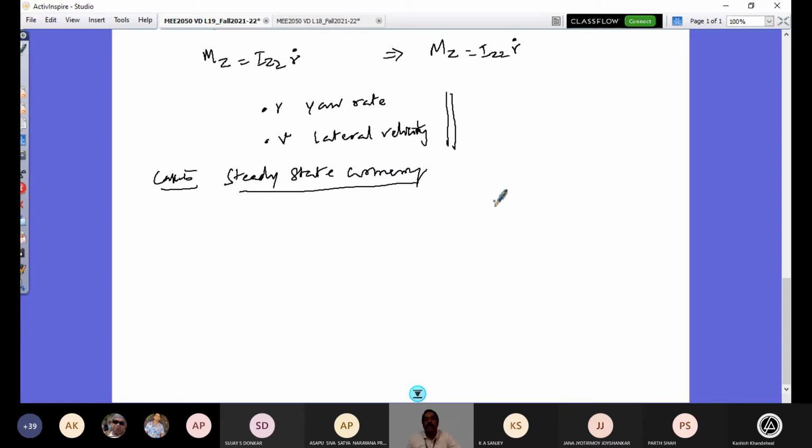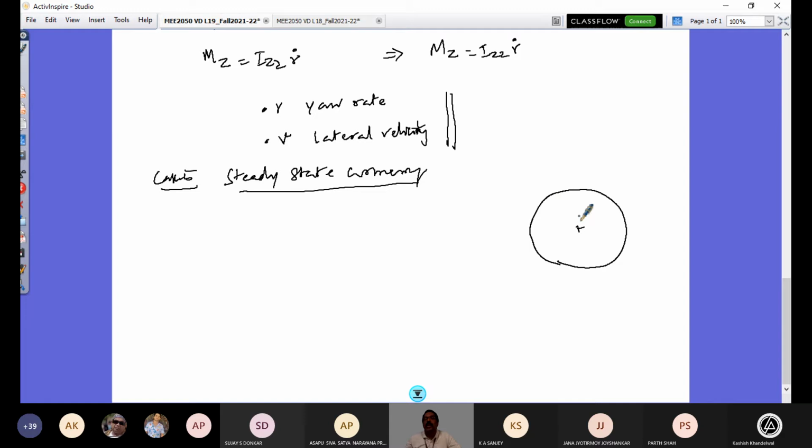To compare the handling capability of all vehicles, I do a test called a circular test, constant radius test or constant speed test, and so on. You have a circular track, your vehicle will be driven on that with constant speed, and your lateral acceleration is now fixed by U squared by R alone.